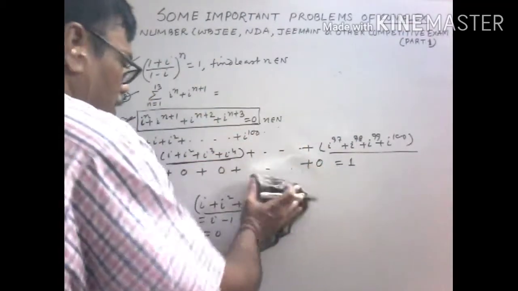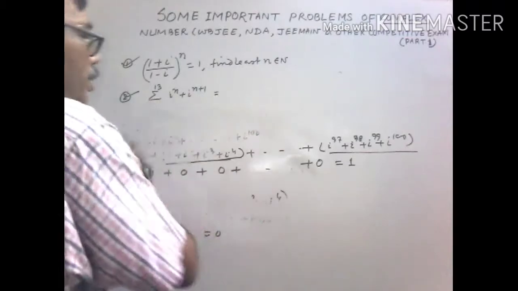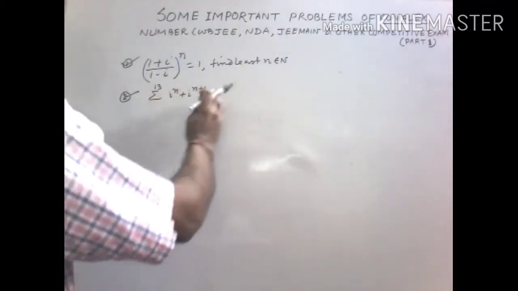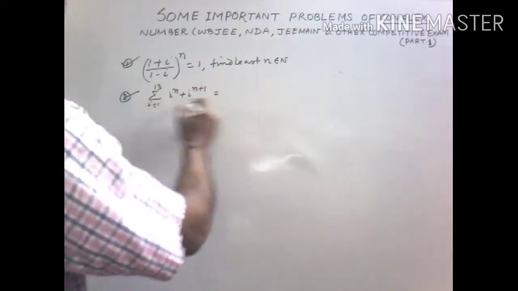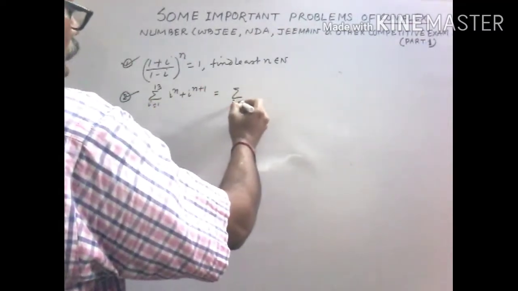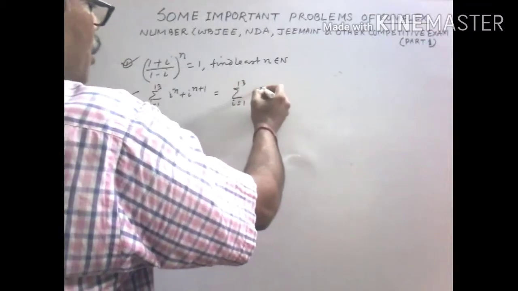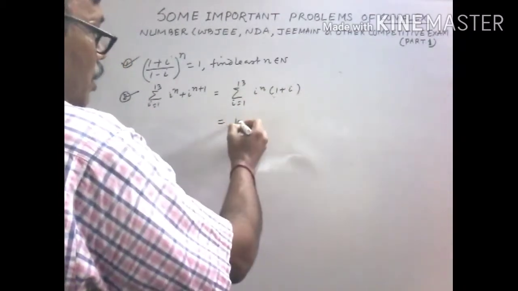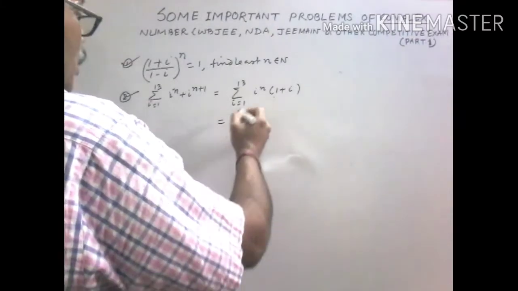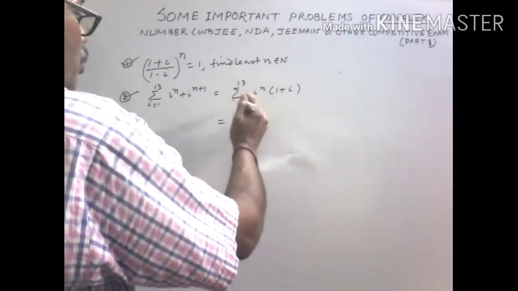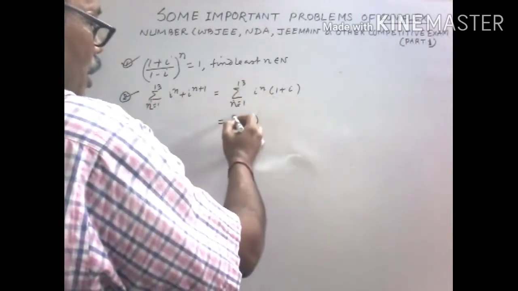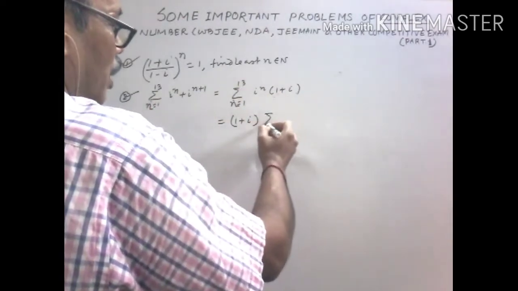Now problem number 3. Look, this one is the summation symbol. So we can write it as the sum from n equals 1 to 13 of i to the power n times 1 plus i. So 1 plus i is independent of n, n equals 1 to 13, so it goes outside.